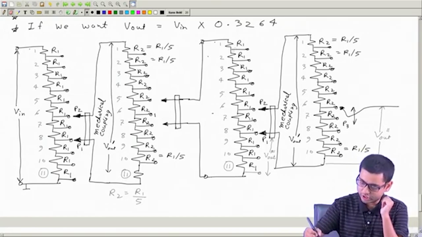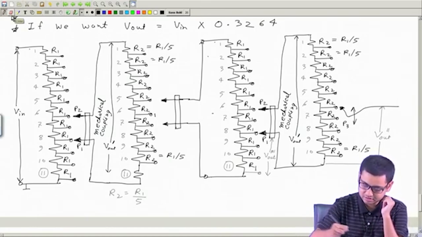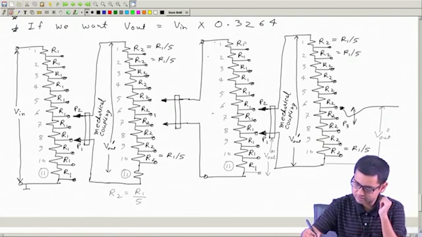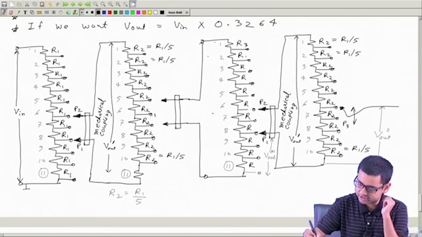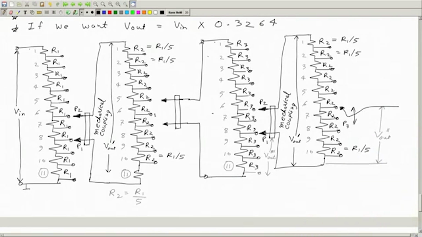Now once again, while choosing these resistances, I have to make sure, call this R3. So these are R3. We have 11 of them, and then this last stage you call R4. Here we have 10 of them. Call this R4.